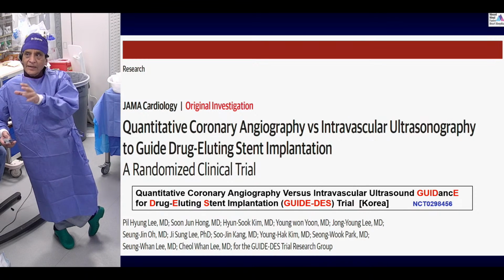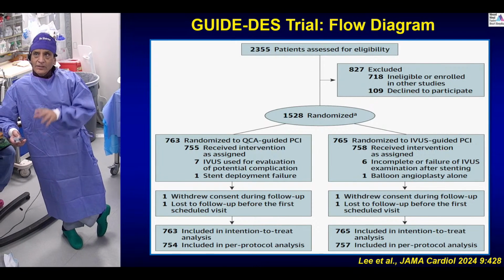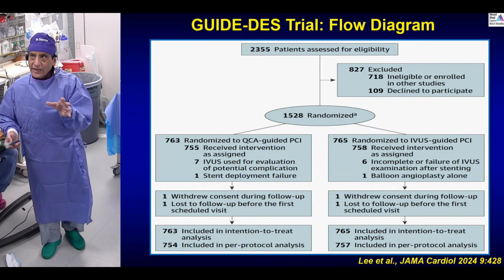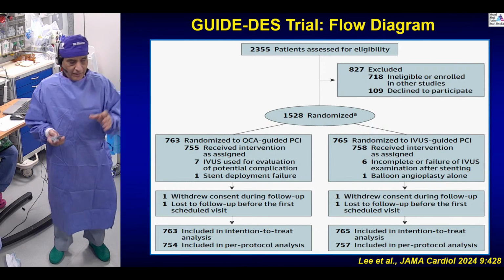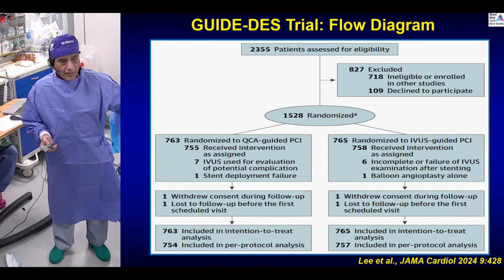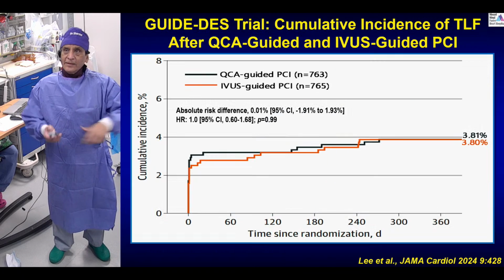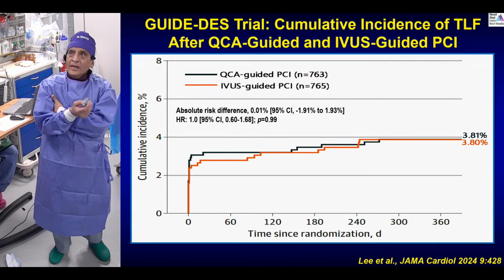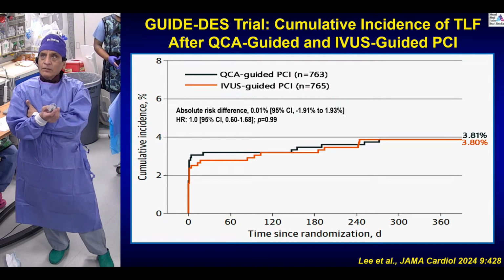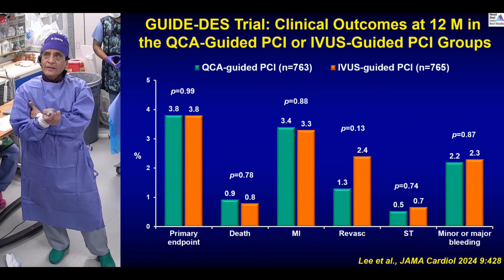Now again, the study done in Korea, GUIDE-DES, a large number of patients randomized to QCA guided PCI versus IVUS guided. With QCA, as soon as you took the picture with the guide catheter, online right away you calculated the vessel length, vessel size, lesion, and so on and so forth. They found that by QCA guidance of your balloon and stent, there was identical outcome at 1 year, a 3.8% event rate, and individual endpoints are there.